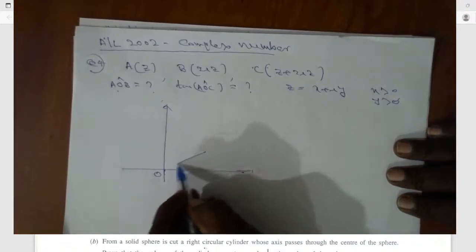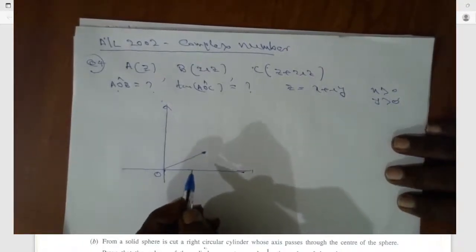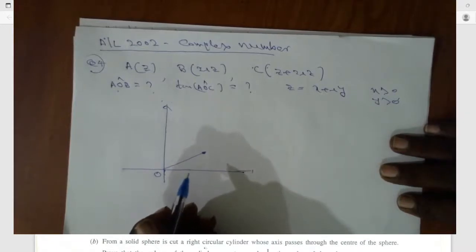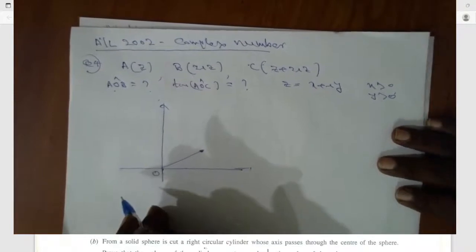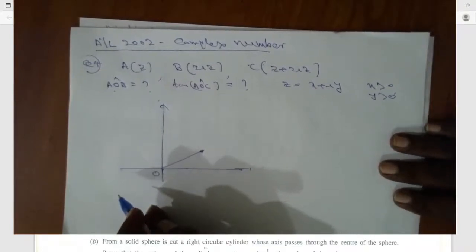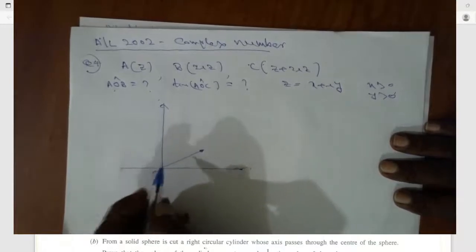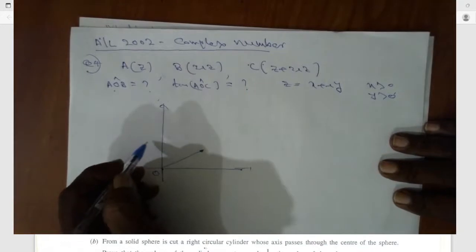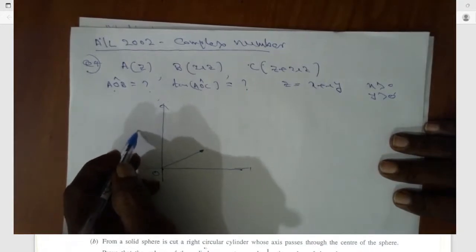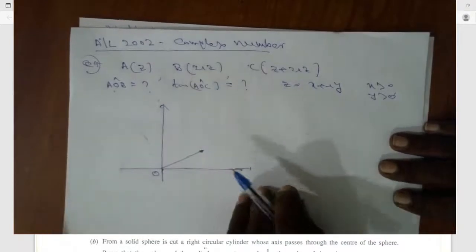First quadrant, like this. What is iz and 2iz? What is z plus 2iz?